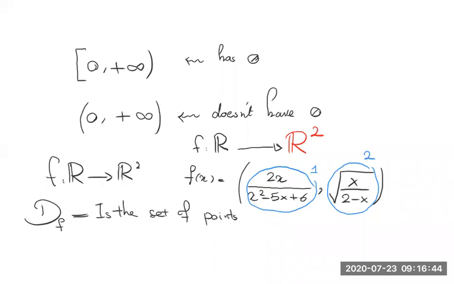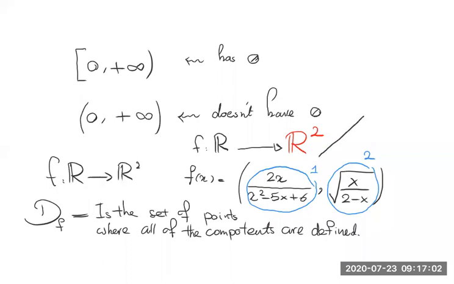In other terms, we should compute the domain of the first one, we should compute the domain of the second one, and we should take the intersection of these two answers.